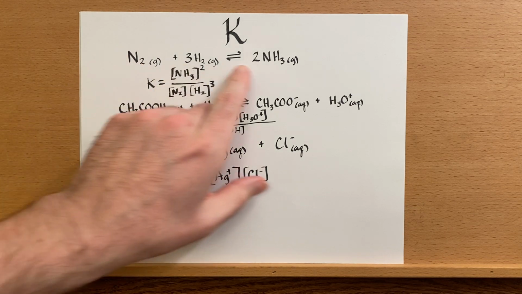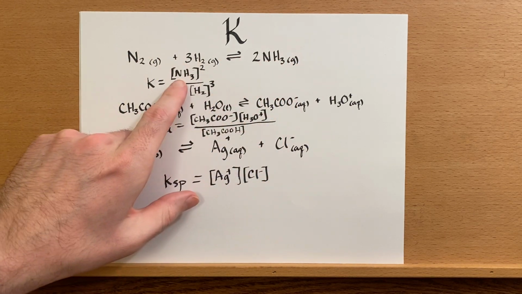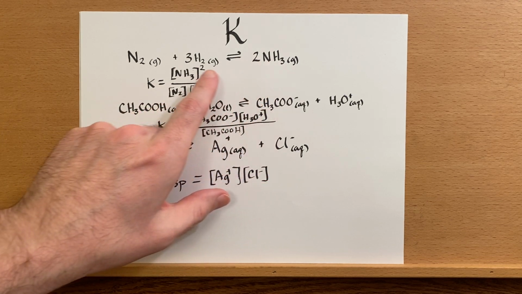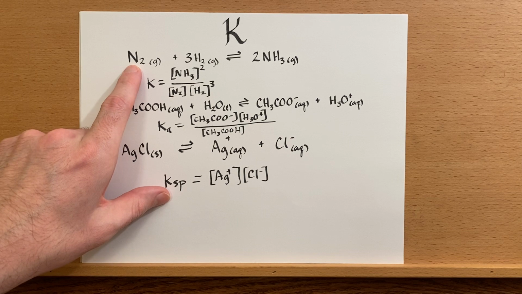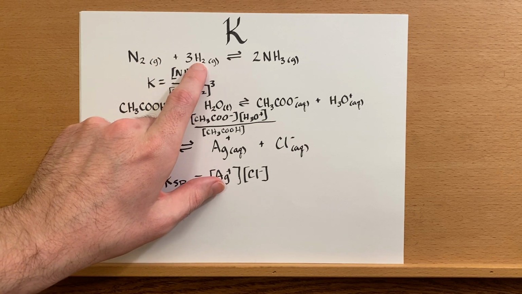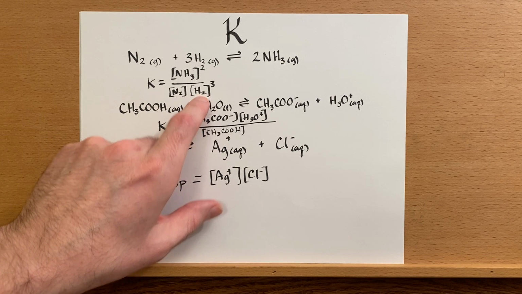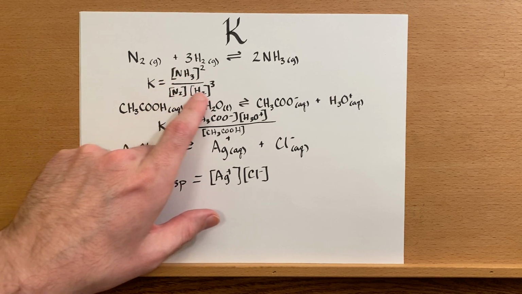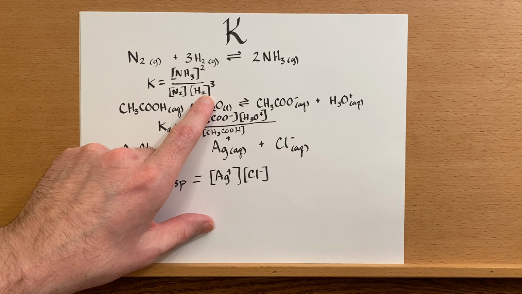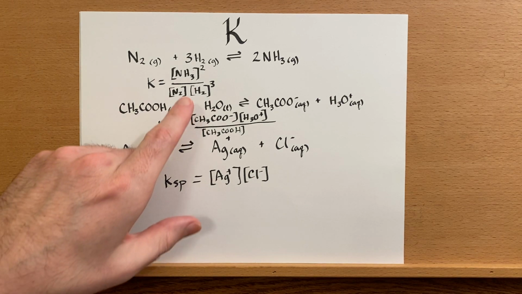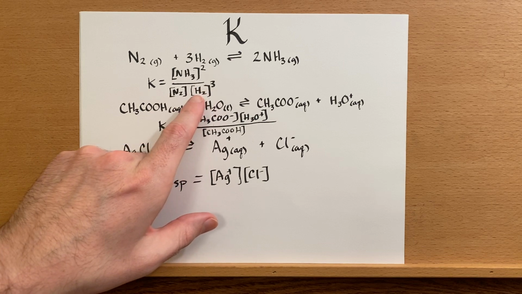So we could do that up here with everything being a gas, and we could just say partial pressure of ammonia squared divided by partial pressure of nitrogen, also divided by partial pressure of hydrogen to the third power. Just replace all of these concentrations with pressures. There are times when that particular value is different than the one where we put concentrations in everywhere.